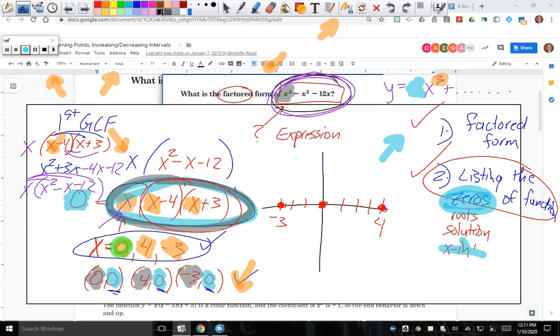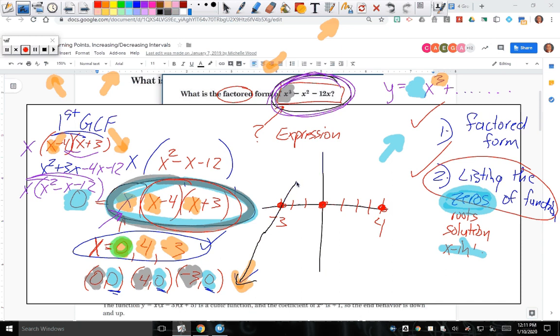Here we go. So I'm going to go on a voyage. I'm going to start right here, and I'm going to head toward -3. And I have 3 choices. I can go through it, I can bounce, or I can squiggle through it. I'm not going to squiggle. I'm going to go straight through it.